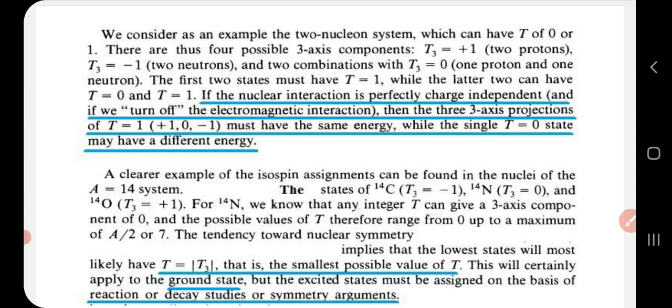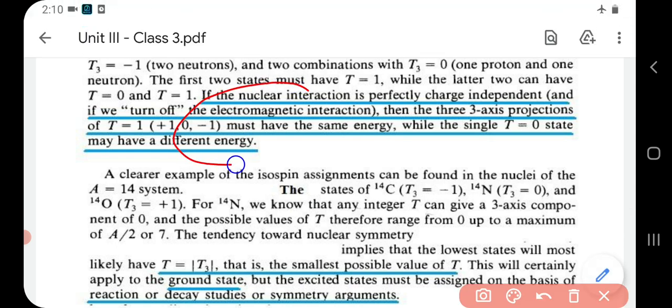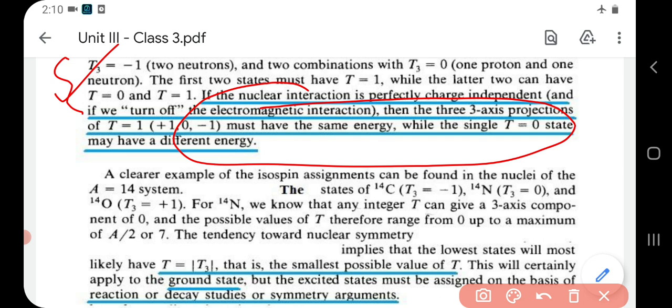So this is the statement. In order to clarify the statement, they have given an example above. If you want, you can quote this example also, otherwise you can just write the statement.